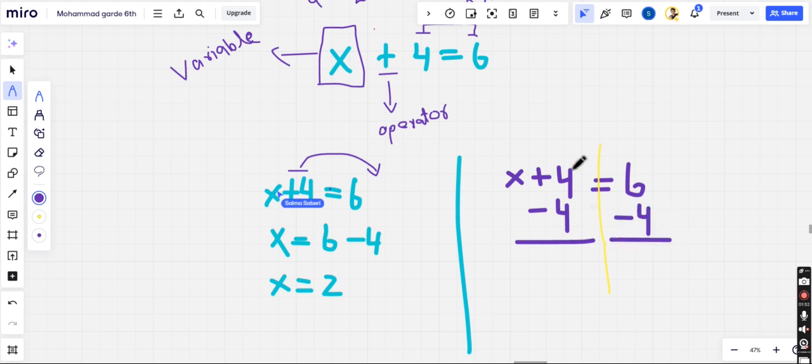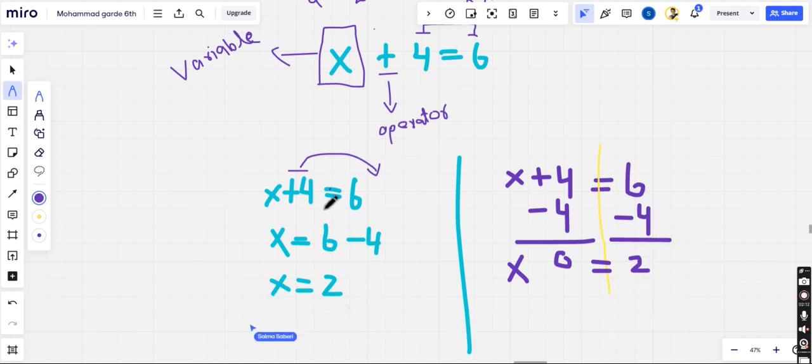Understand? Yeah. From here you see clearly, this one we get 0, and 6 minus 4 we get 2. It means that x is here. X is equal to how much? Positive 2 again. So these are two types of solution to find the unknown value.